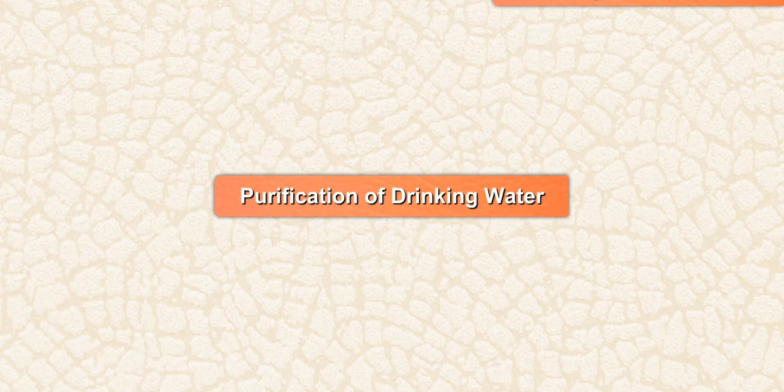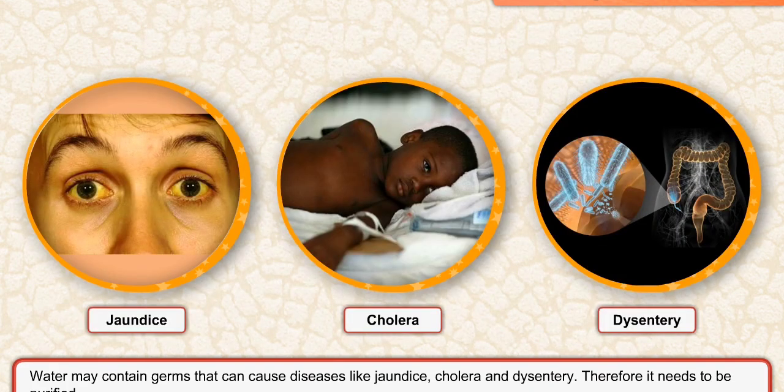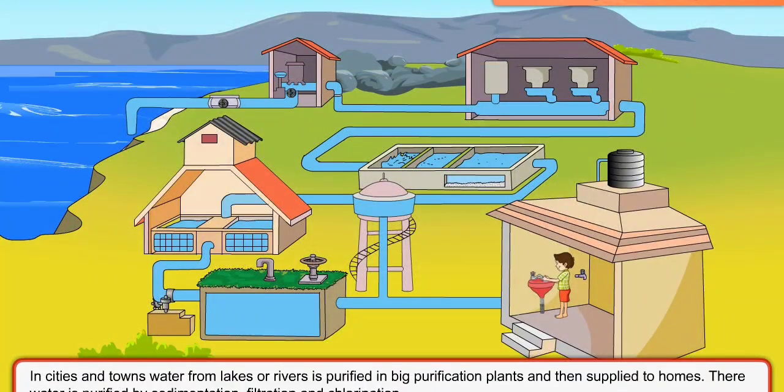Purification of drinking water. Water may contain germs that can cause diseases like jaundice, cholera, and dysentery. Therefore, it needs to be purified. In cities and towns, water from lakes or rivers is purified in big purification plants and then supplied to homes.